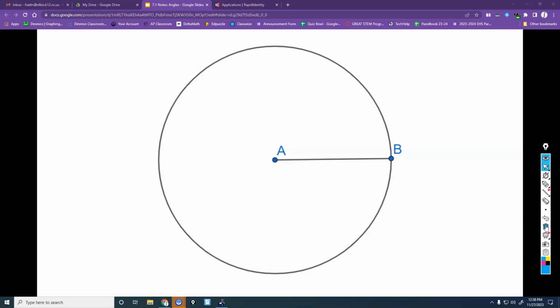So you're going to take that little piece of string and lay it along the edge of the circle. It's going to start right there at point B. It's harder to do up here than it is on your page. I'll try to lay it there, and then you're going to draw a point right here on that.